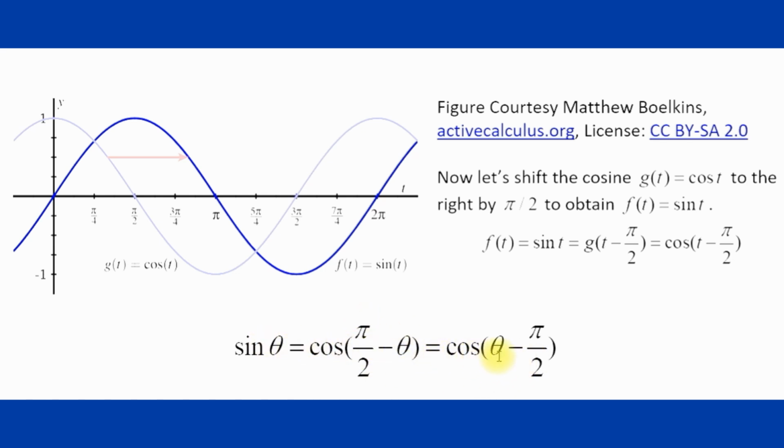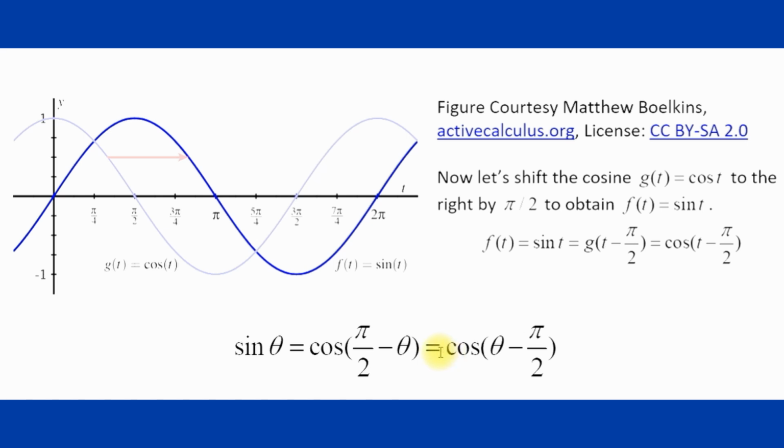Now, from our shift property, when we have the minus sign, we shift to the right. Now let's look at this here. This is the cosine up here, and if we shift it to the right by pi over 2, it would bring it right to here. This is pi over 2. So this is a visualization of this relationship. So this pulls together the shifting and this identity.